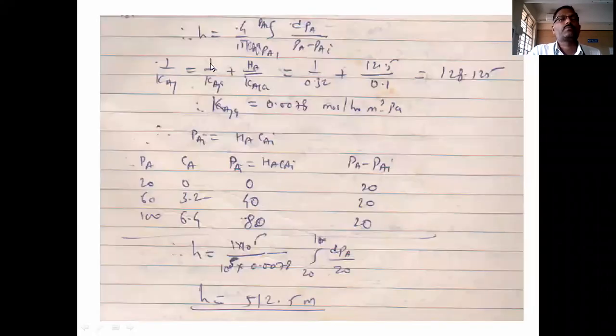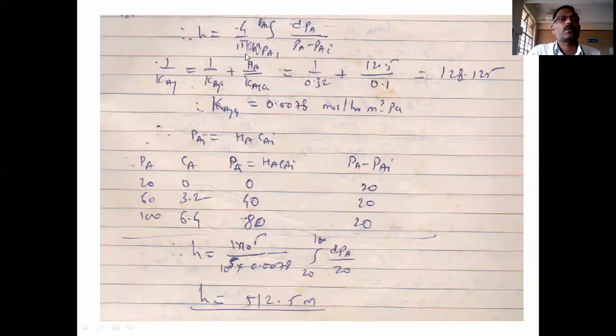Then, using the equation for H, the height of the tower, how do we calculate the height? H is equal to G upon pi into KAGA, integration from PA1 to PA2 of dPA upon PA minus PAI.